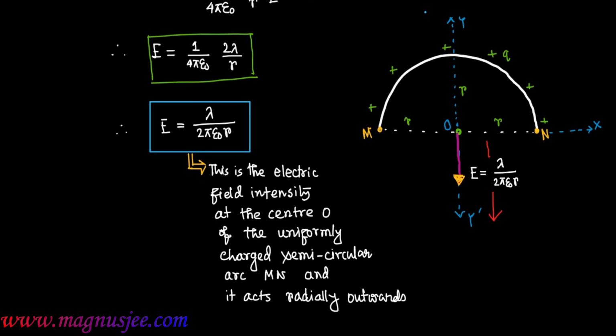It acts radially outwards along OY prime as according to the diagram, that is along the negative y-axis. So we get E equals λ divided by 2πε0 r.